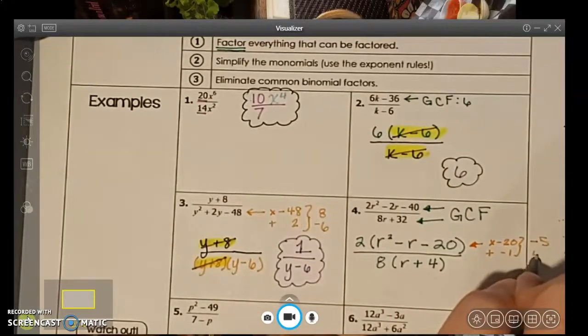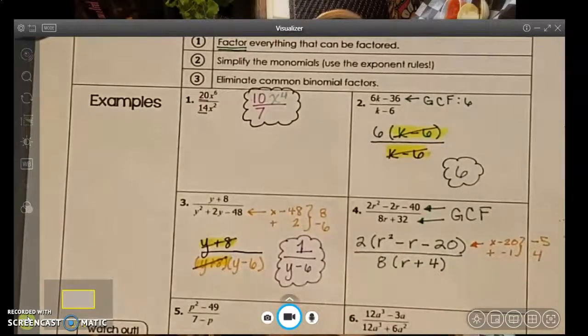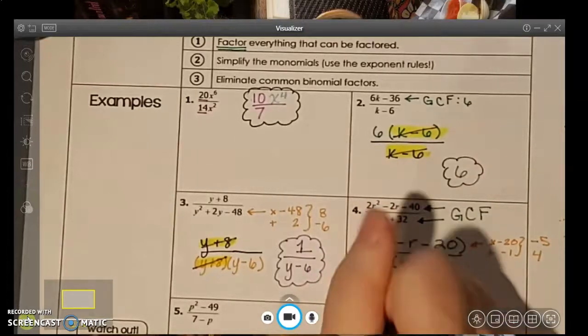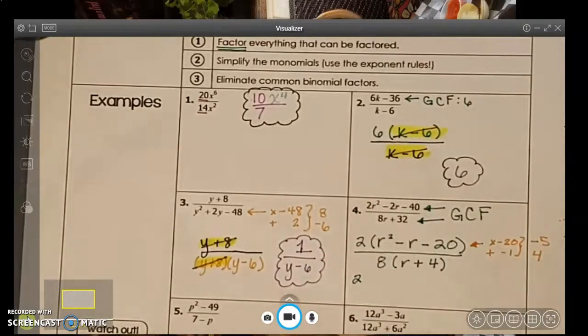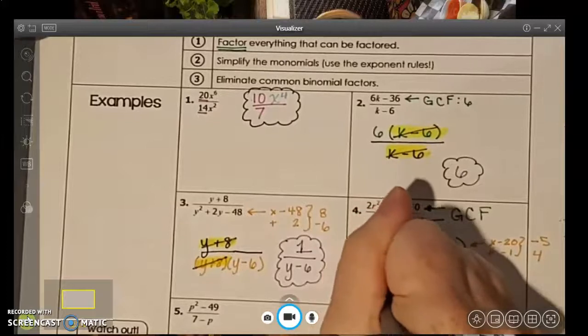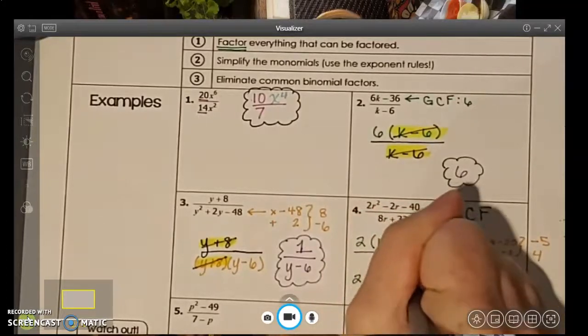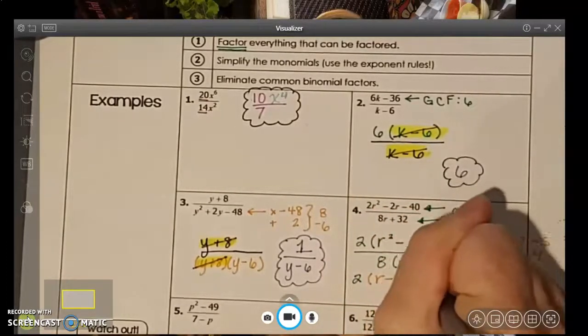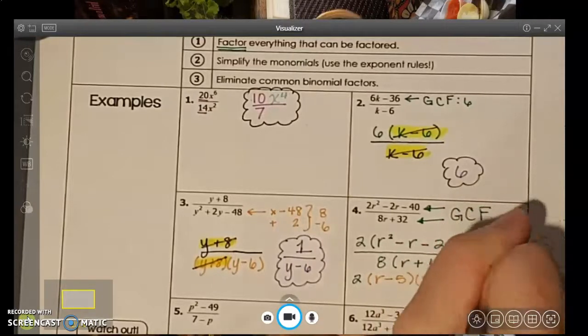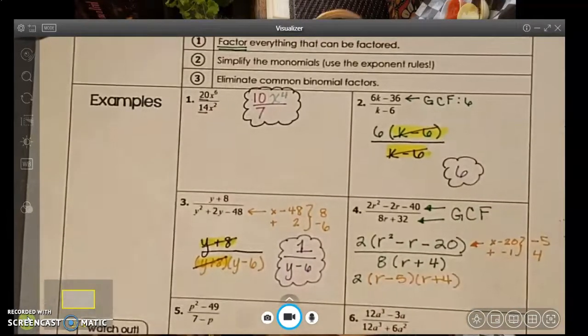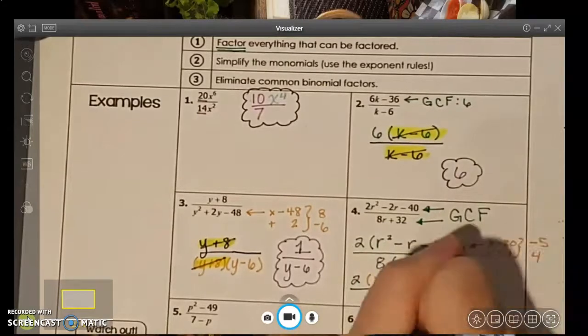So that numerator is going to factor into, don't forget the 2, 2 stays out front, and then we will factor this into r minus 5 and r plus 4. And in the denominator, we still have our 8 times r plus 4.